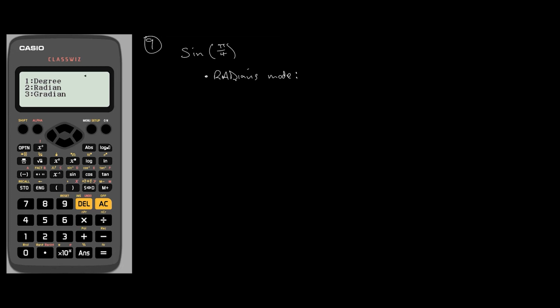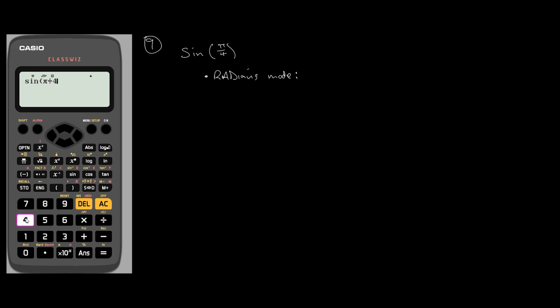We would like to do radians here, so I'm going to hit 2. And you will notice an R appear here. So a white R in a black box tells you that you're in radians mode. So now I can solve this little problem. Sine of pi by 4. Nice one, just hit the sine. Go for pi, which is shift, that button down there.